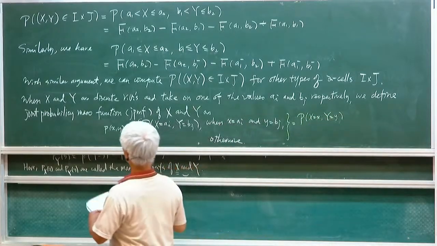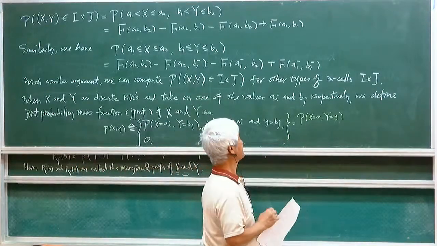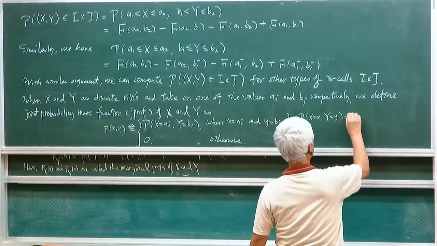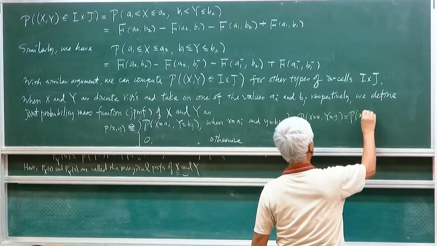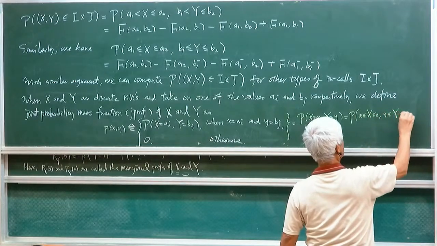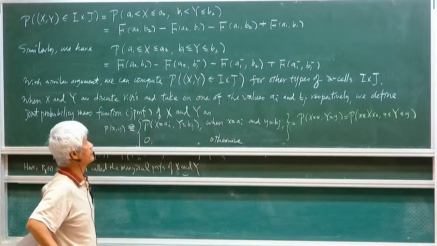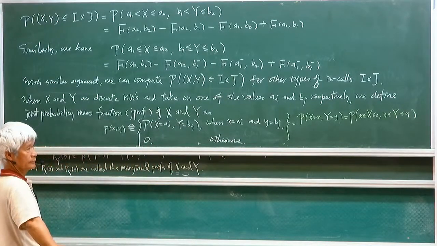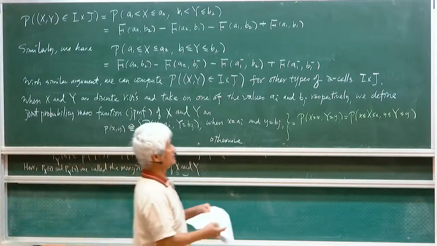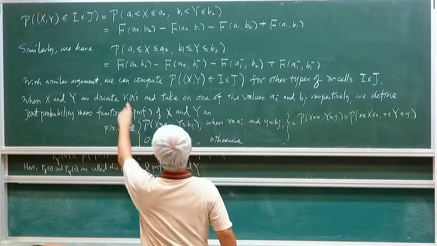So the joint PMF is actually this joint probability. And so this is the probability that x and y are in this rectangle.